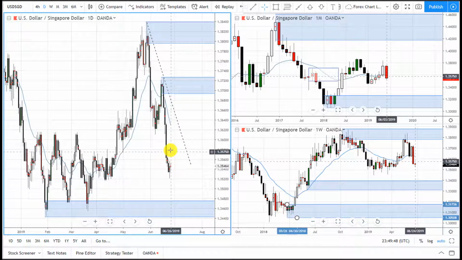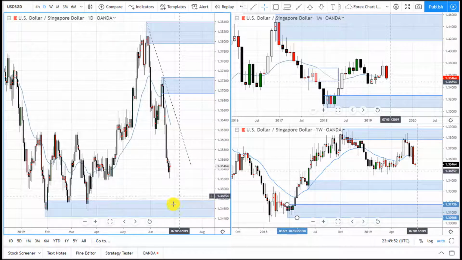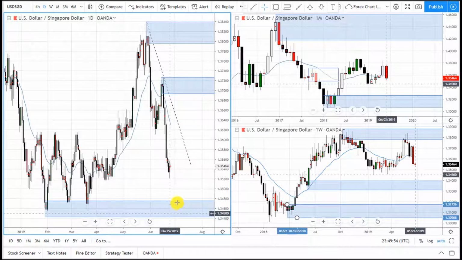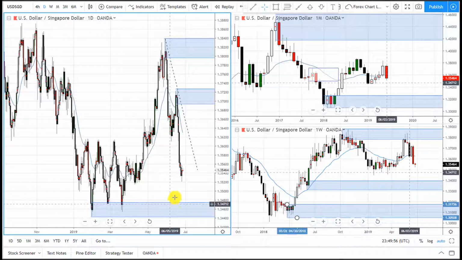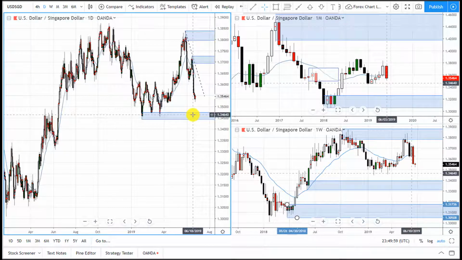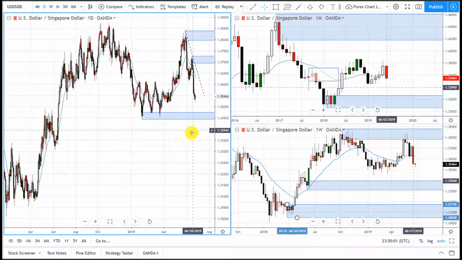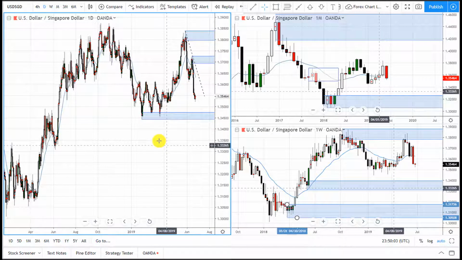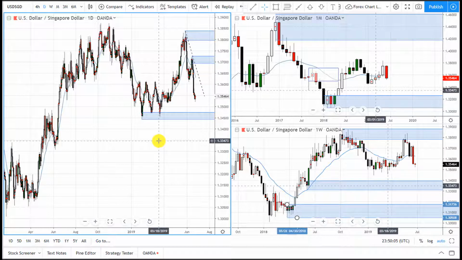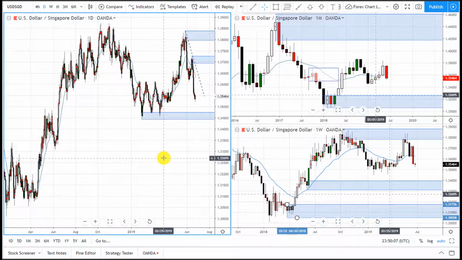So if it rallies, then we want to sell. If it keeps on selling, then we want to stop and just wait to see if this zone can be broken. And if this zone is broken, then we can look to go long all the way down here where the weekly zone is fresh and has not been tested.